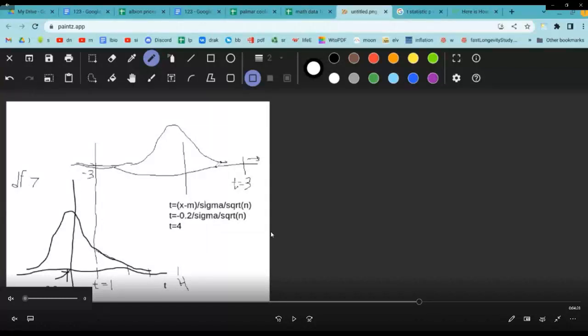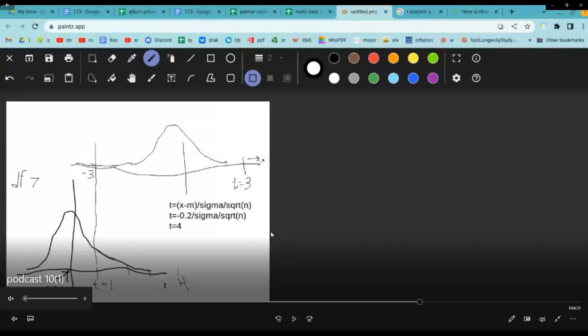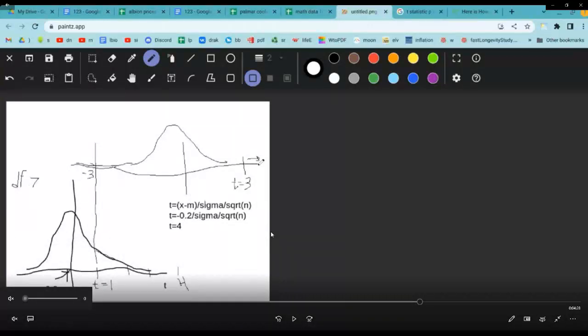So the distance in normal units between the two means is just one mean minus the other mean. But in terms of t values, it's just exactly that divided by sigma divided by square root of n.